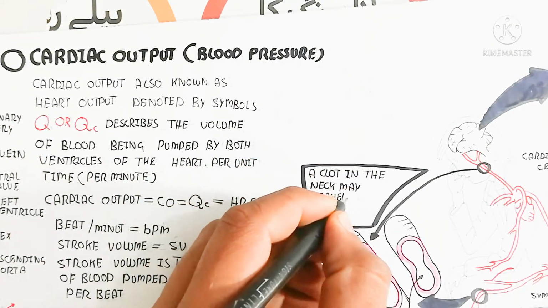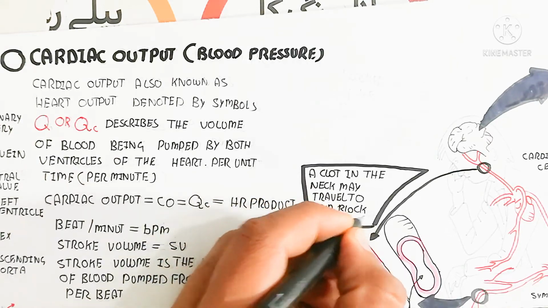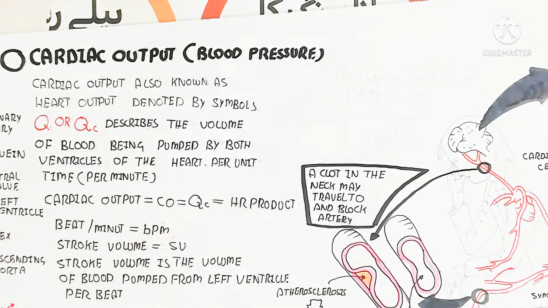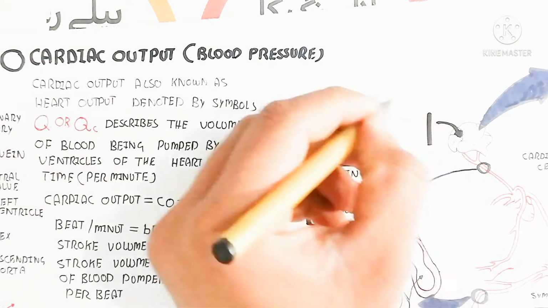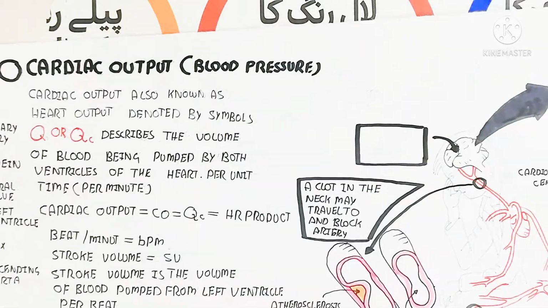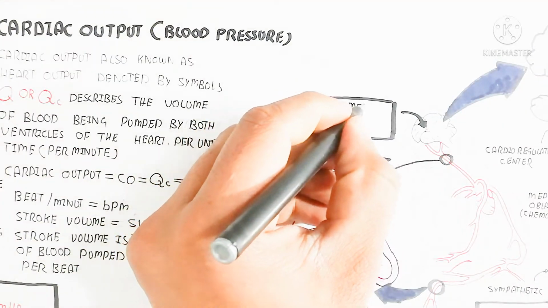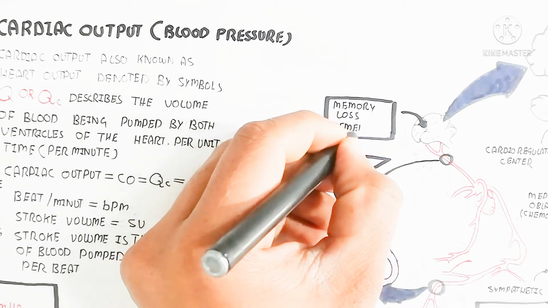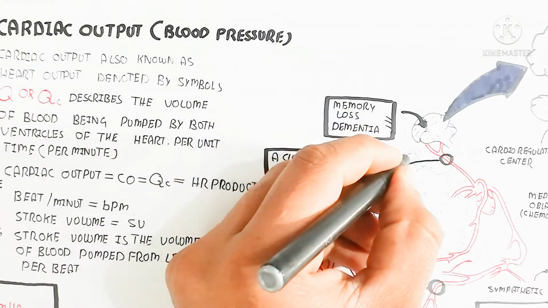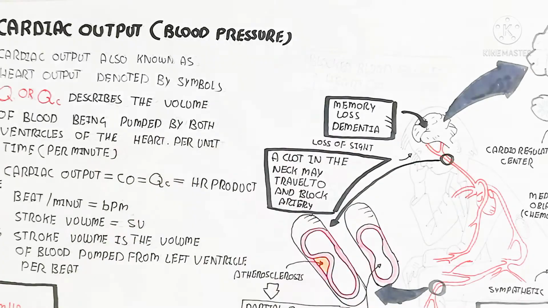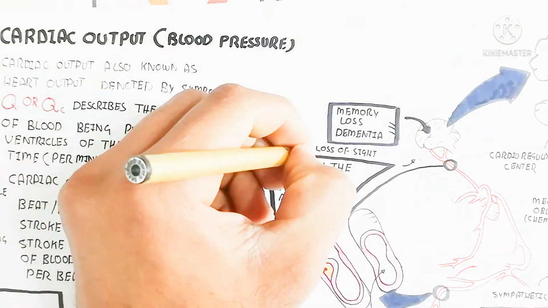A clot in the neck may travel to and block an artery, which is known as a stroke, a brain stroke. A stroke means the breaking of the artery, and that is an important thing you need to understand.